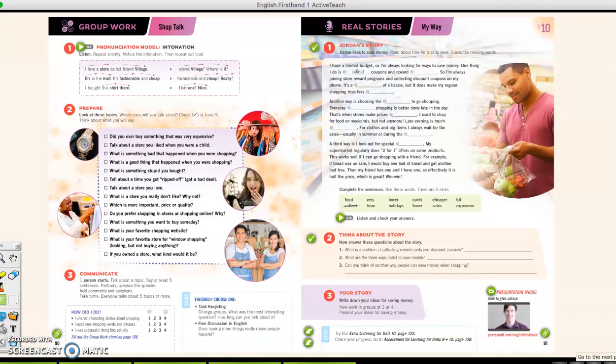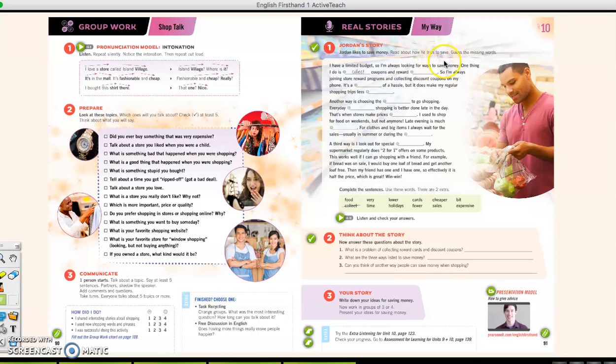Okay, great. Let's move on to the next couple of pages here. So we skip group work, and we go straight to My Way. So this is a story, and this guy named Jordan talks about his budget, how he saves money.